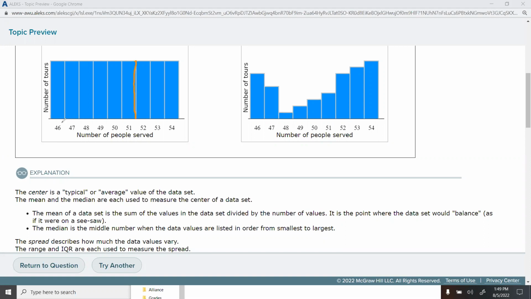Now, for this graph, 46, 47, 48, they all have the same height. In other words, they all occurred the same number of times. So with that in mind, does this look like the center of the data? No, this looks more like it. But 50 was not given. So it's a good bet this one is not the answer. Okay, so let's take a look at what the author has to say.